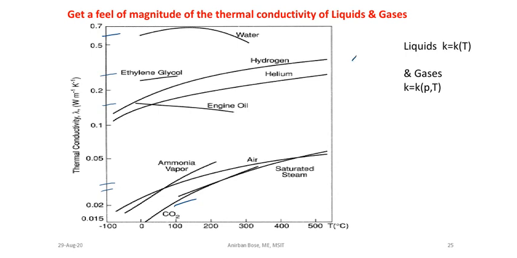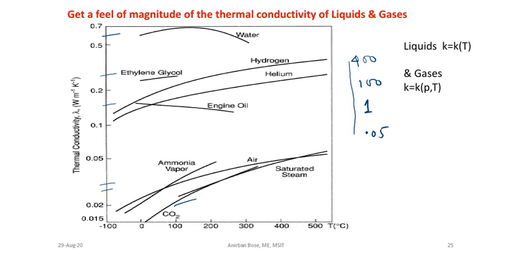So observe that the thermal conductivity magnitude for solids is in the order of 400, then for alloys it is in the order of 100. For liquids, it is in the order of 1, maybe 0.5, 0.6. For gases, it is in the order of 0.05. So this is the variation of thermal conductivity depending upon the substance.